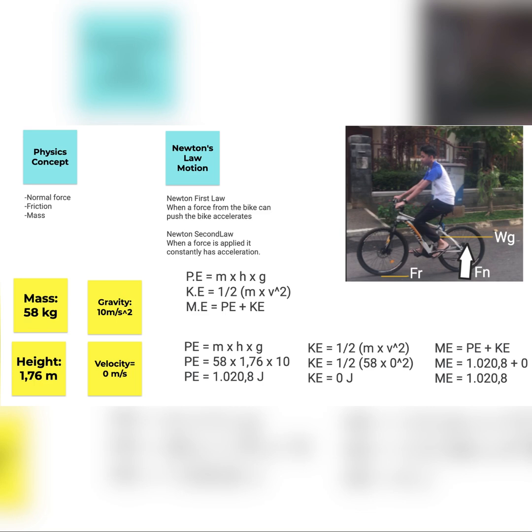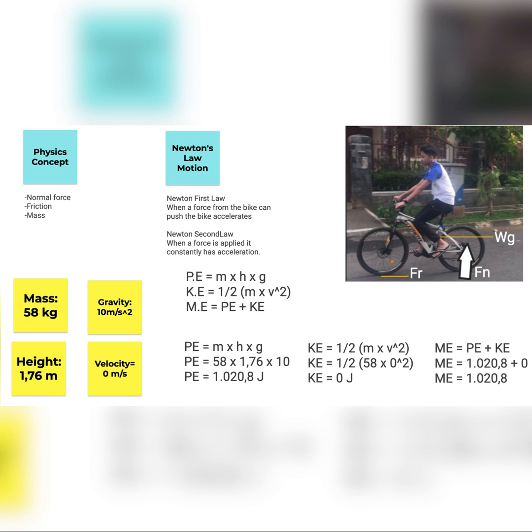The formula for PE is mass times height times gravity. The KE is 1/2 m times v squared, and ME is potential energy plus kinetic energy.